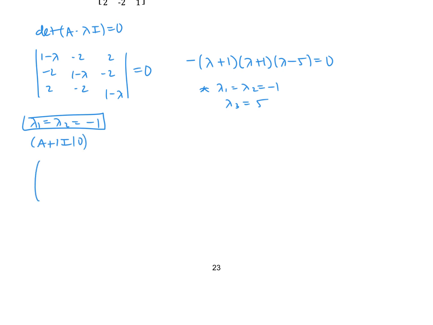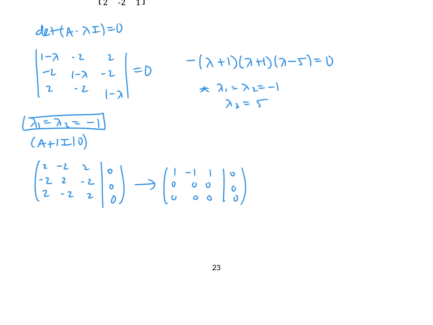So that gives us 2, negative 2, 2, negative 2, 2, negative 2, 2, negative 2, 2, augmented with 0, 0, 0. Hopefully you can see all 3 of those rows are constant multiples of each other. So we're going to get 0, 0, 0 for the second and third rows. That top row, if I divide by 2, I get 1, negative 1, 1.